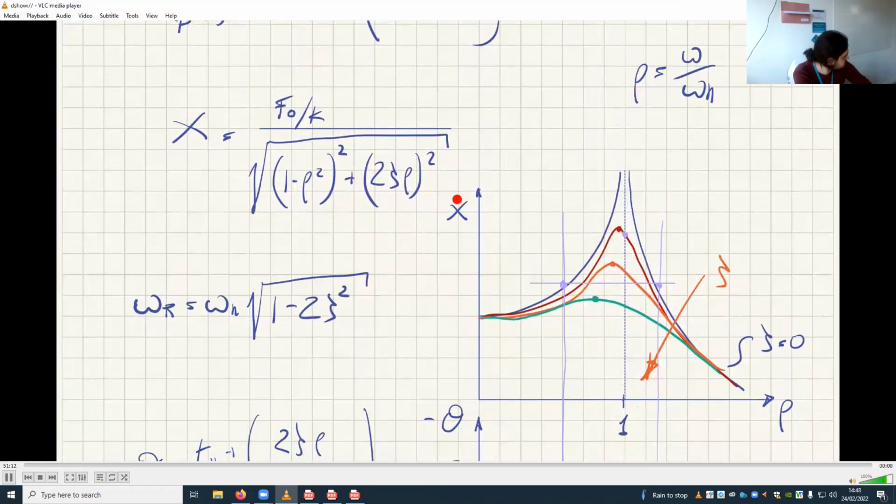If you know the force and you know the deflection, you can find the stiffness. So this thing here is always k. It's quite interesting that you can see k in a frequency response function. You can estimate k by just looking at the very first slice of your plot.